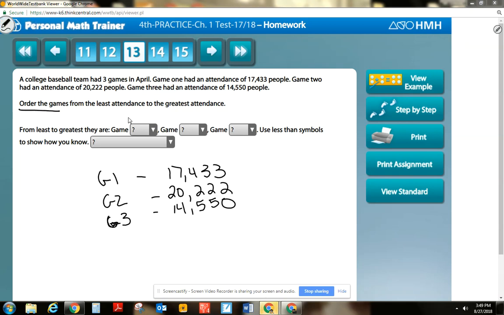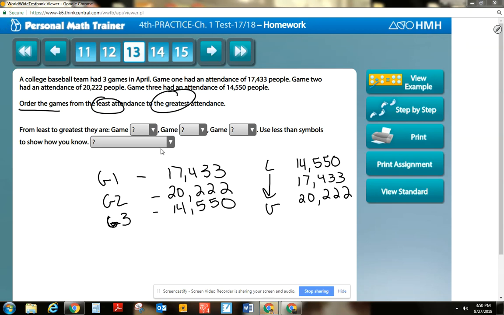Now it says order the games from least to greatest. So I'm going to do that right now. The least number, the smaller number, will go on top. Make sure that you're not flipping them. The thousands place tells me, right? Because the 10,000s was tied with that 1.